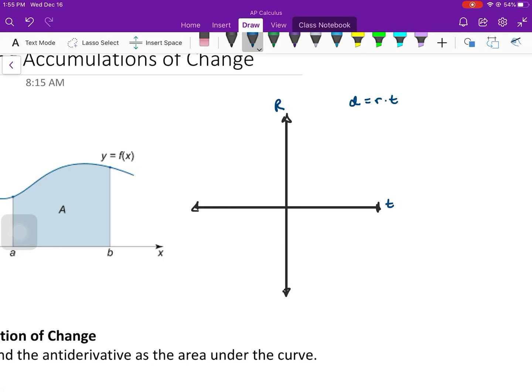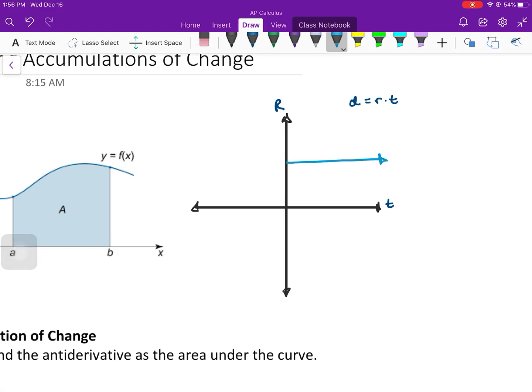If you're driving, the rate is how fast you're going. If you're driving 50 miles per hour for 2 hours, 50 times 2 is 100 miles that you traveled. If you drive 50 miles per hour for 3 hours, then it's 150 miles that you travel.